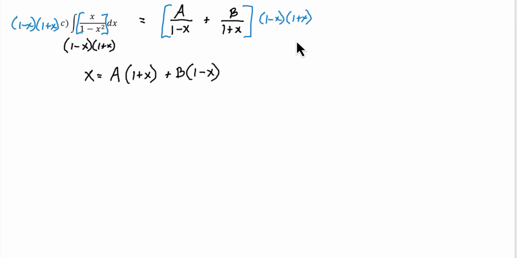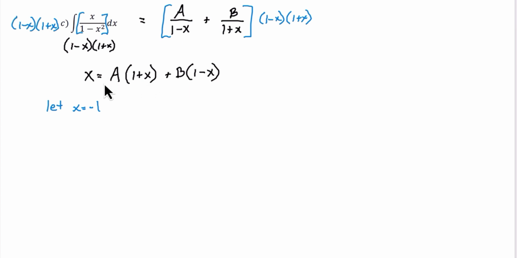At this point, we have a couple different things that we could do. We could equate coefficients, but since these factors are both linear, it may be easiest to choose clever values for x. So if we want this to go away to 0, we can make x -1. So let's do that. Let's let x be -1.